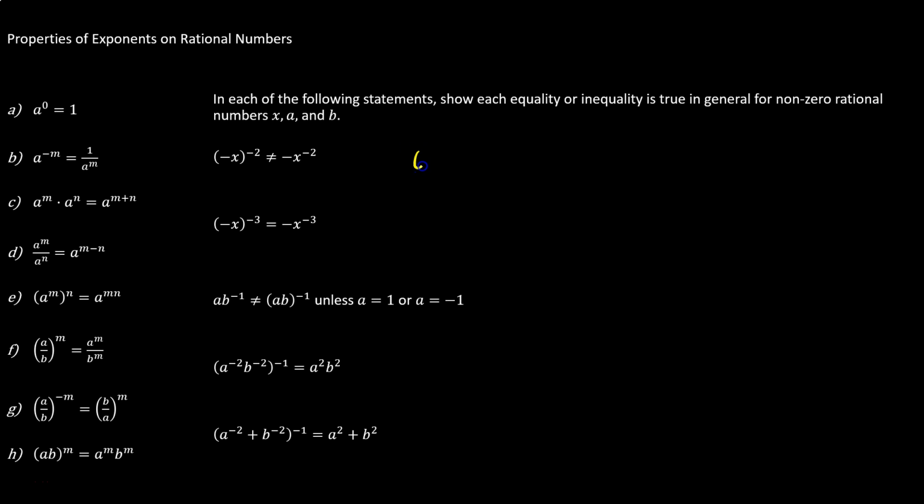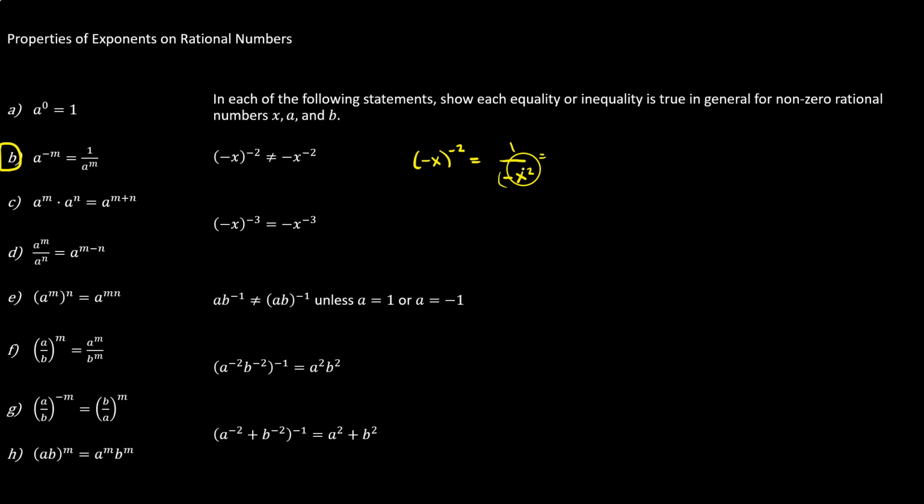Negative x to the negative 2, that's going to require us to use the negative exponent rule, B, which says that we can rewrite whatever is being raised to the negative power in the denominator with a positive exponent. So negative x to the negative 2 becomes 1 over negative x squared.